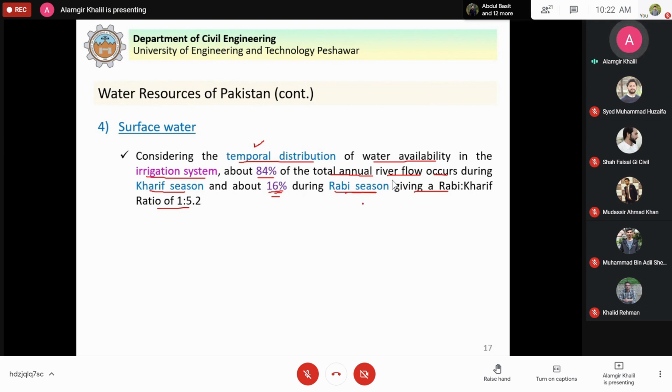So for winter crops, what we have to do? That is why we need to have irrigation system, so that we can store the water that is available above the demands, and the same water we can use during the time when the river flows are minimum or less water is available than the demands.